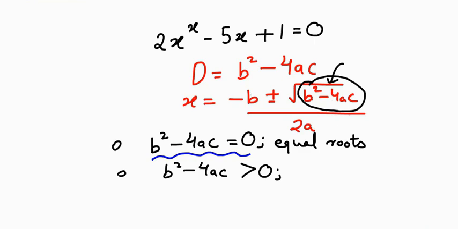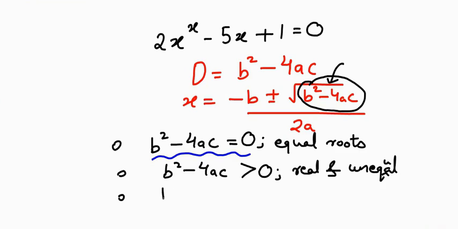If inside the under root we get a positive number, then this is also a real number, so ultimately, the final result will also be real. So we'll get real and distinct, distinct means unequal. If b square minus 4ac is greater than 0, we're going to get real and distinct roots.